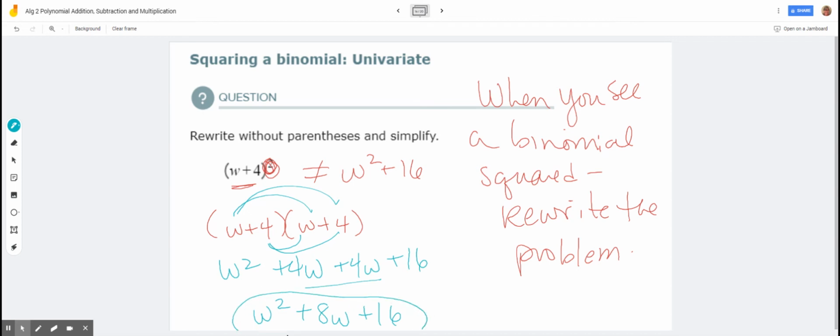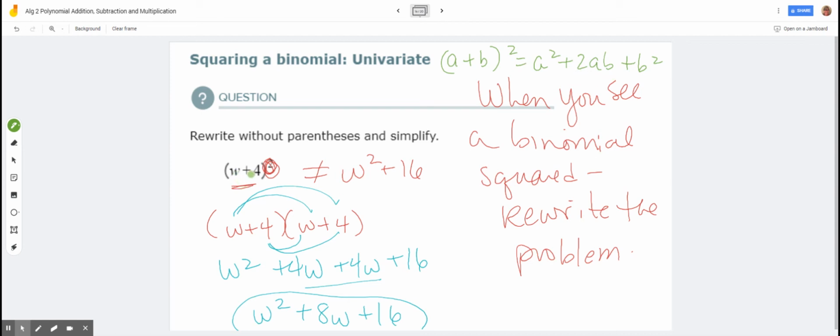And by the way, that is a formula. For those of you that memorize formulas or like them, here you go. A plus b, quantity squared, is equal to a squared plus 2ab plus b squared. Check it out. A is w, so w squared. And then twice a times b.